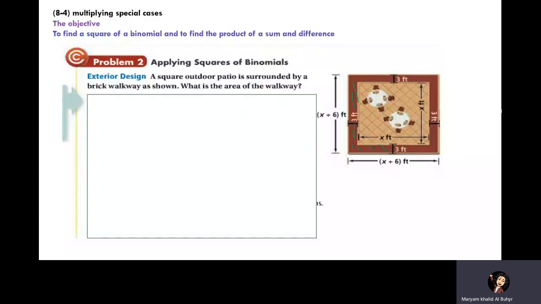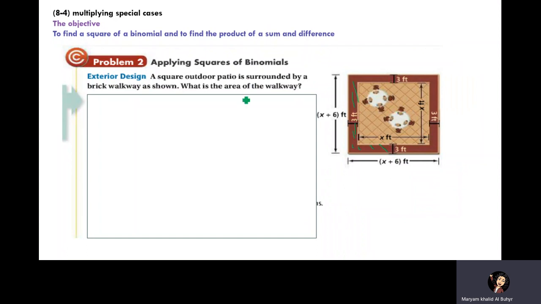So what am I going to do? I will find the area for the big one, for all, and I will subtract from this one the area for the part inside, which is the area of the patio. So that's what you should do.